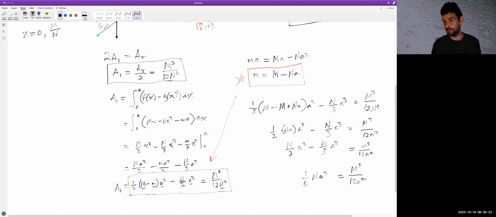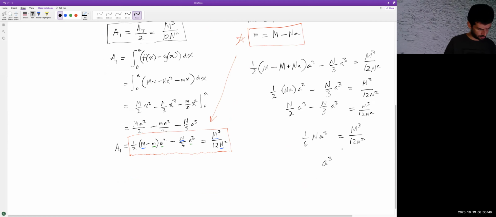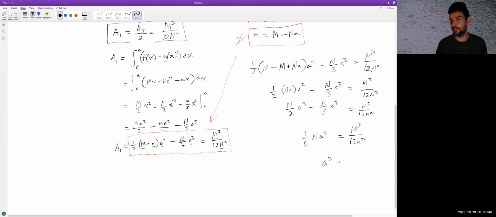Let's multiply both sides by 6 and divide by n. Oh, I see. Sorry. I thought I saw a mistake, but I was misreading. Multiply both sides by 6 and divide by n. So this 1/6 and the n will disappear. Here we'll have m cubed over 2n cubed.